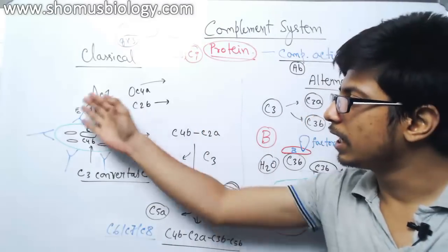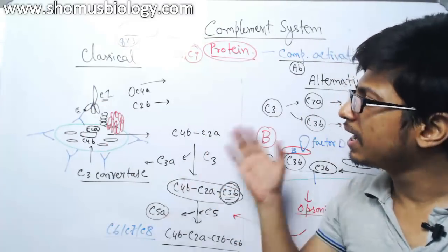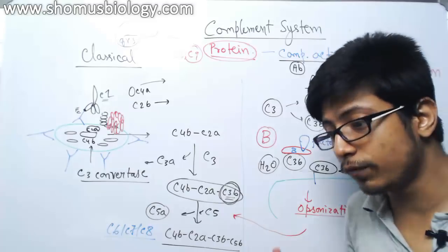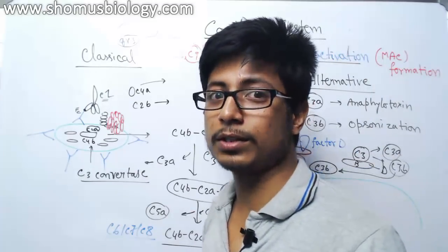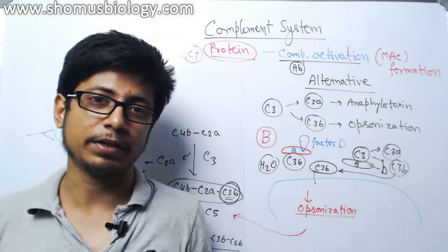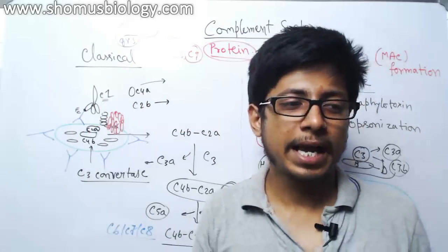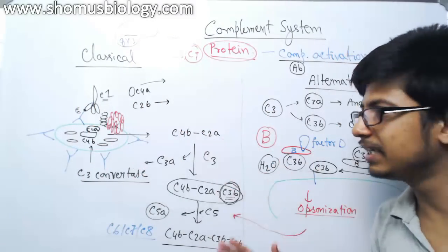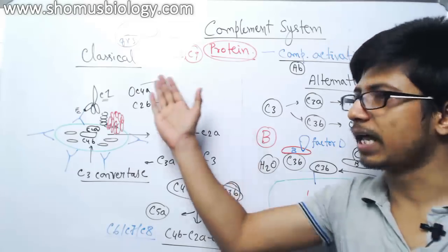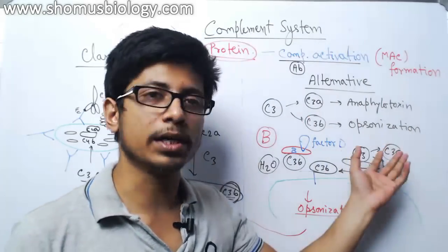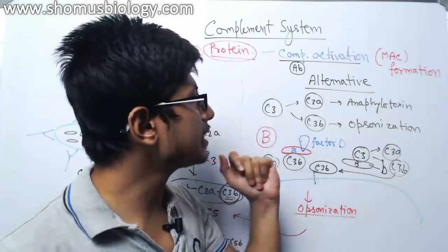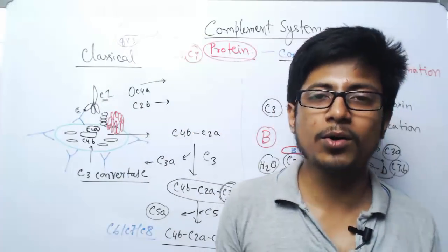Those antibodies are covering the target cell, and we recruit the rest of the complements which are also found in our plasma. It's not part of the cellular process of the defense, it is present in the plasma, and recruiting them together we can kill the target bacteria either with the classical pathway or with the alternative pathway. So that in a sense is the complement system and how complement works.